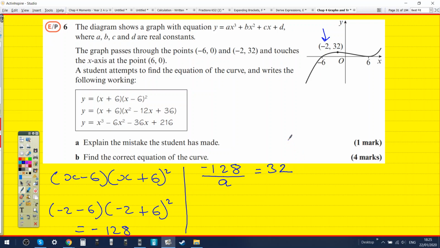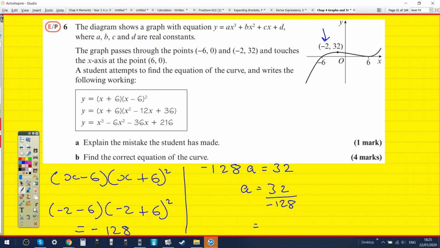Or I suppose I should just say times A. What is A? 32 divided by -128 gives you minus a quarter.